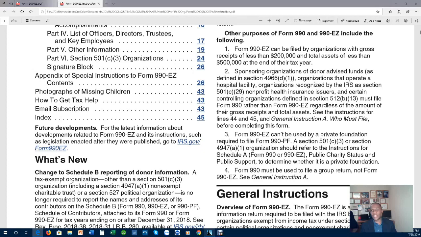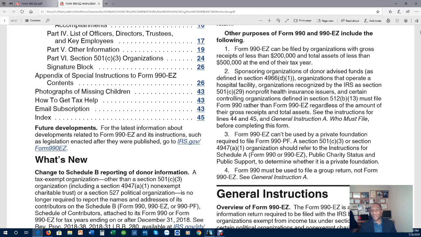Sponsoring organizations of donor advised funds, as defined in section 4966(d)(1), organizations that operate a hospital facility recognized by the IRS under section 501(c)(3), and nonprofit health insurance issuers and certain controlling organizations defined in section 512(b)(13) must file Form 990, rather than Form 990 EZ, regardless of the amount of their gross receipts and total assets.